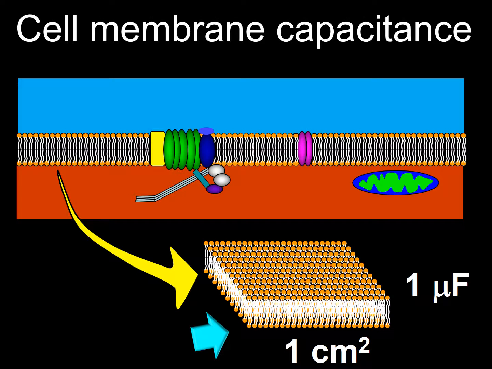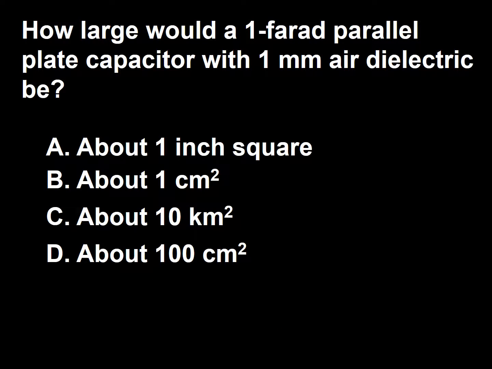To give you an idea about the value of a farad, just think that 1 square centimeter of cell membrane has a capacitance of 1 microfarad. So the answer to this question is C, about 10 kilometers square.